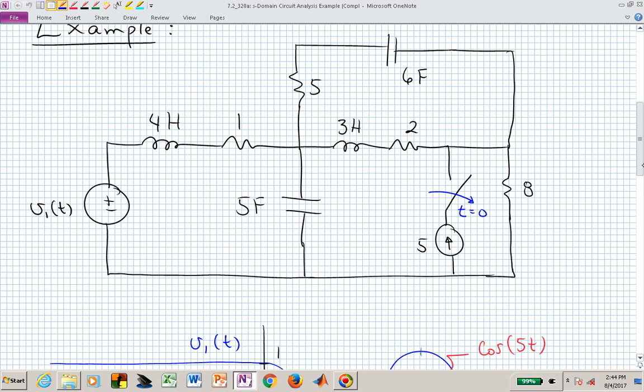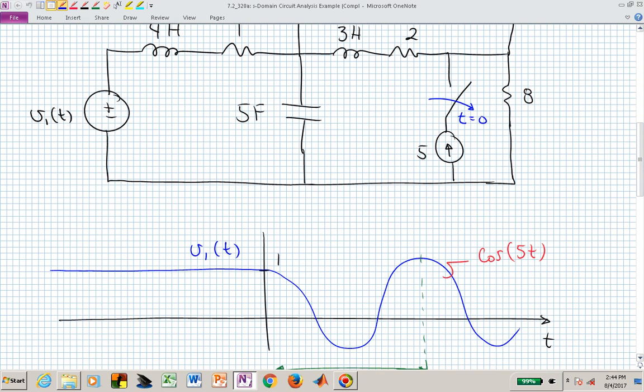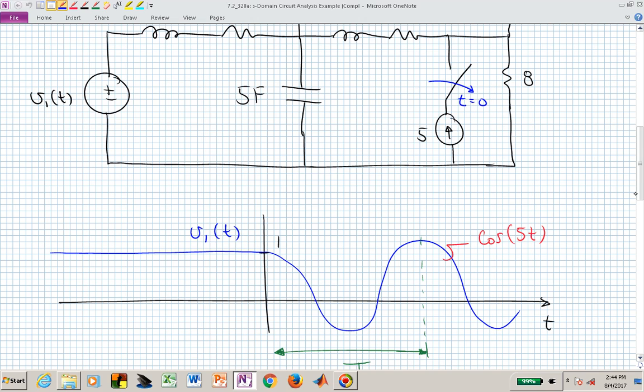Then we will use those initial conditions to find an equivalent S-domain circuit for this circuit, and then we will need to worry about what the voltage v sub 1 of t is doing beyond t equal to 0, or for non-negative values of time.